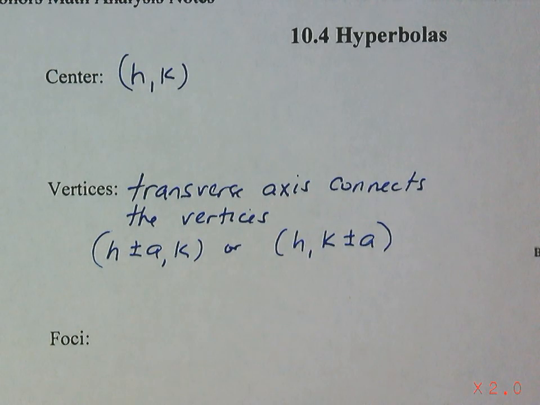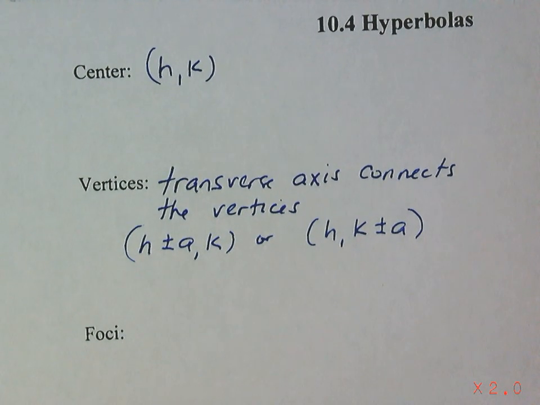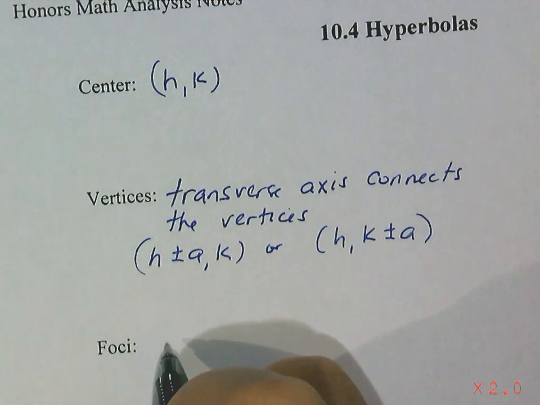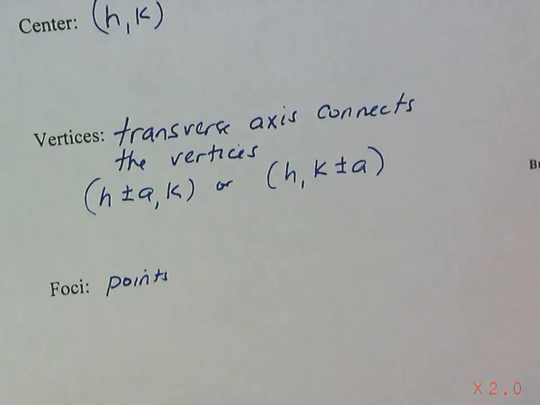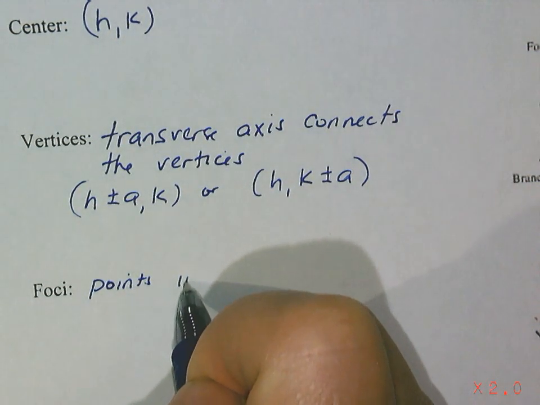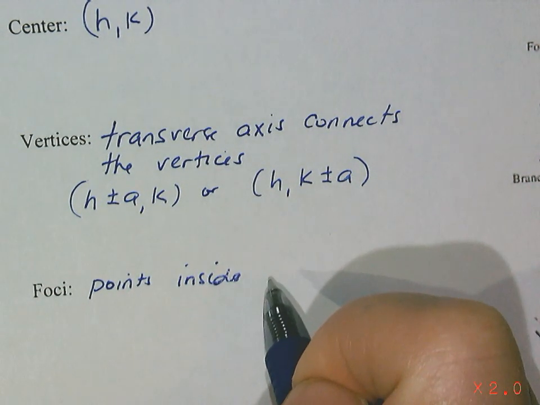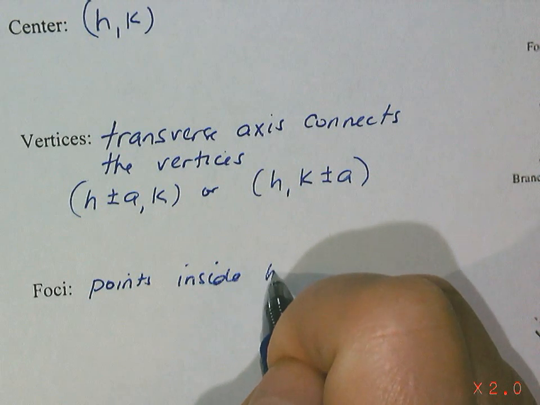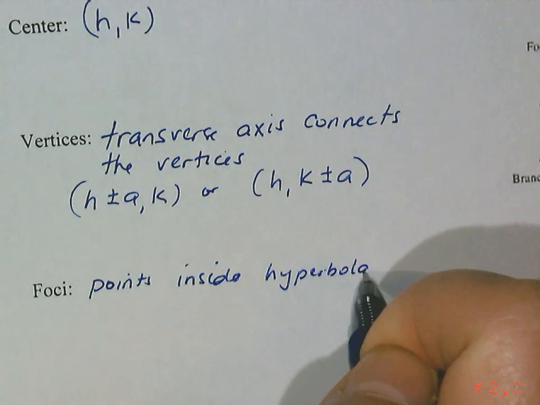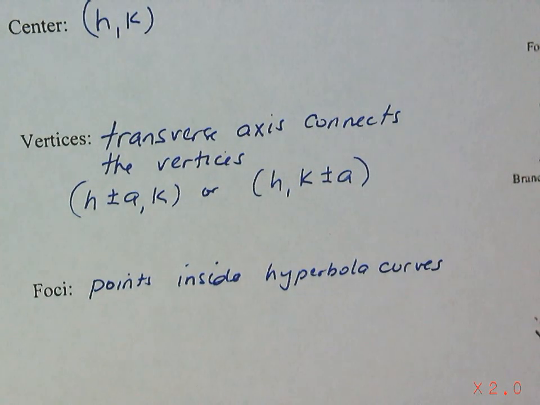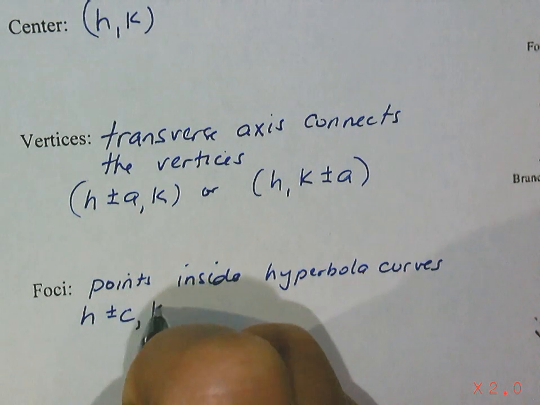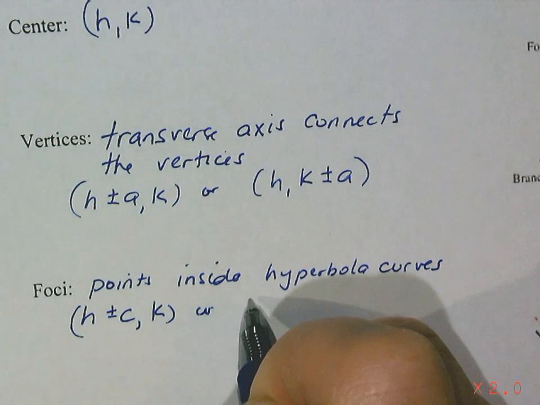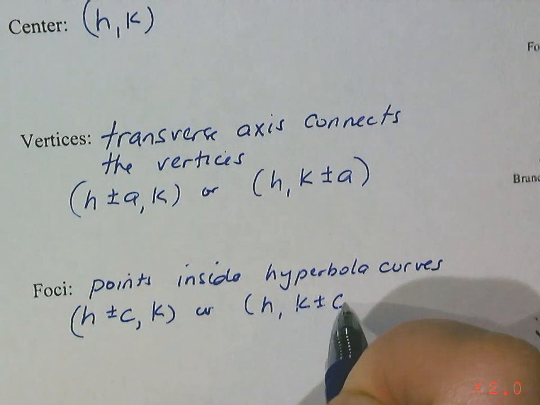The focus points are inside the curves of the hyperbola, just like the parabola. So the formulas are going to be (h plus or minus c, k) or (h, k plus or minus c).